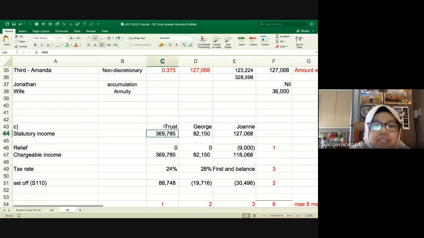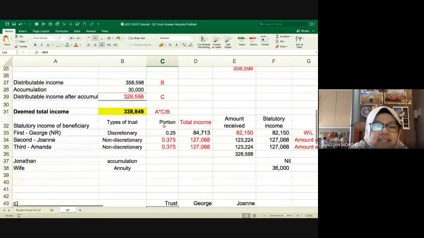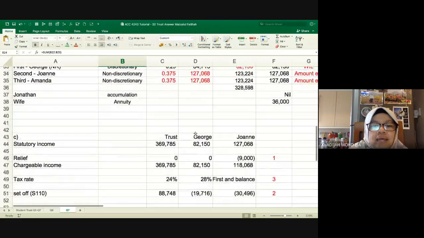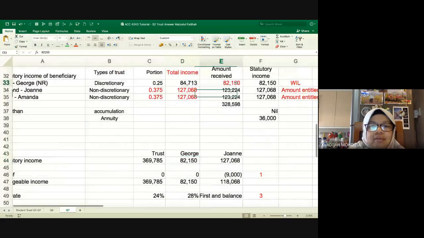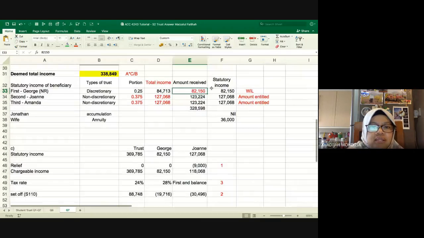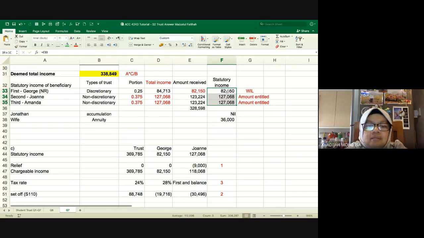Statutory income 369 is the original amount. And then whatever you have here is based on whatever you get from the computation above. So whatever statutory income from here goes to here.